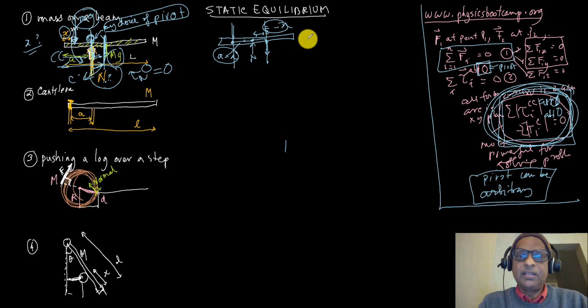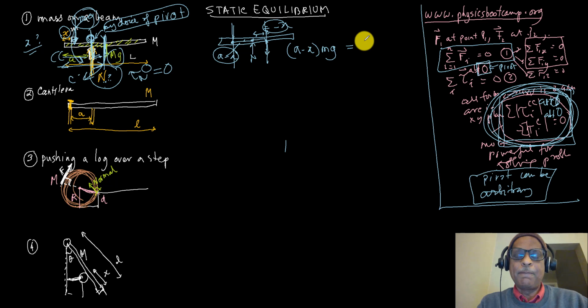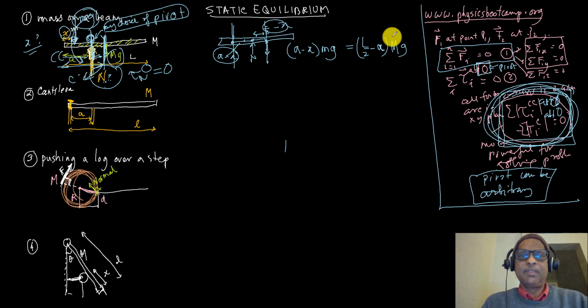So we got (a minus x) times mg has to be equal to (L over 2 minus x) times mg times a. This is the equation, so that can be solved for x.